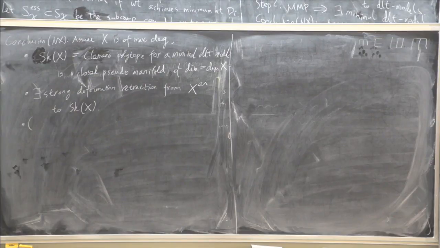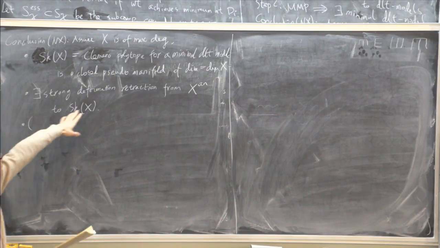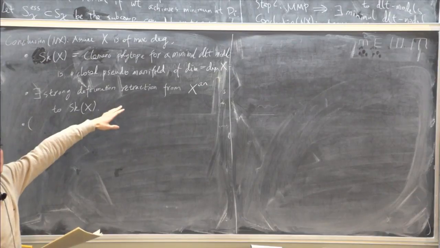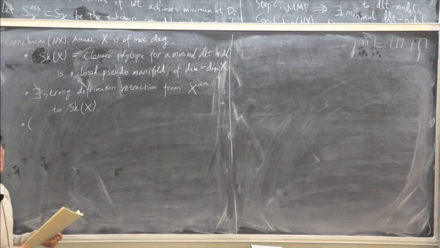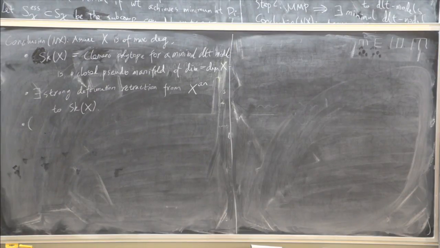So moreover, one can show, not really in Nicaise-Xu, that the retraction map we get is an affinoid torus fibration outside the codimension 2.